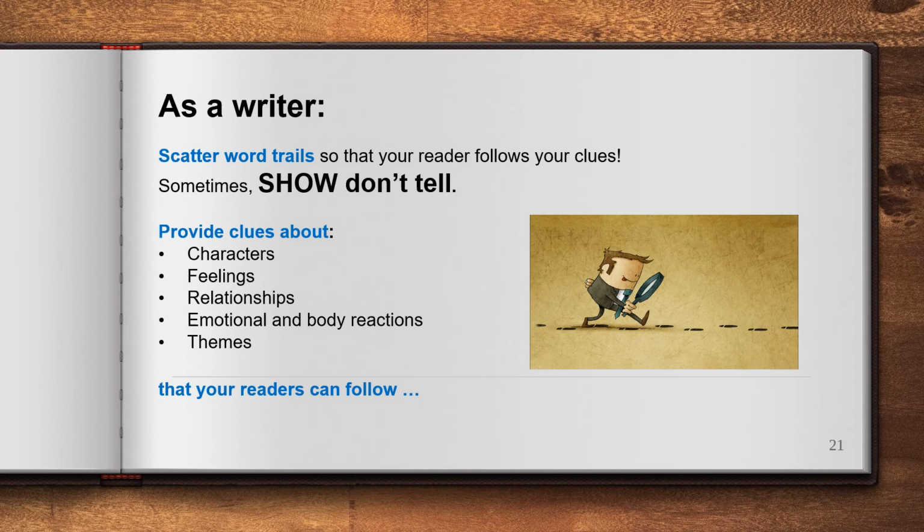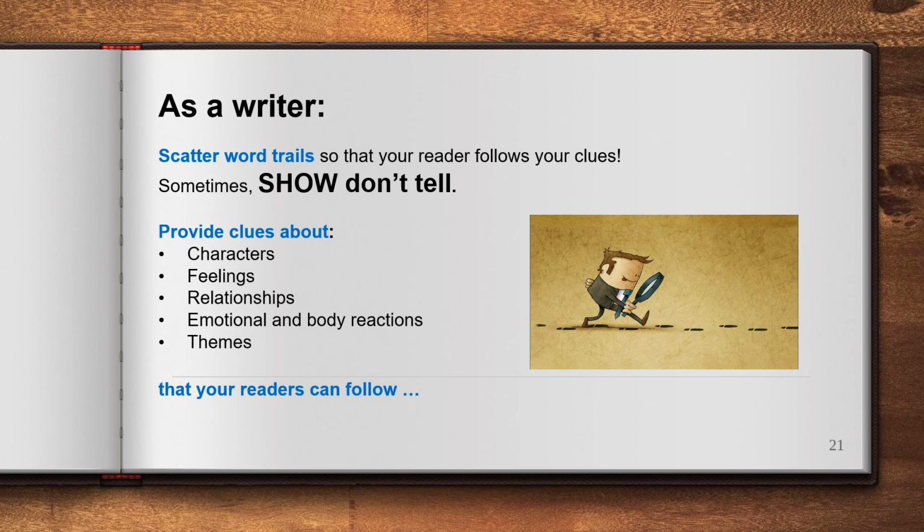So as a writer, what is it that you need to do as a good writer? You need to scatter word trails as well so that your reader can follow your clues. Sometimes just show your reader about your character. Don't just always tell that your character was angry, but actually show your character was angry by kicking over a table or, you know, looking with an angry frown.